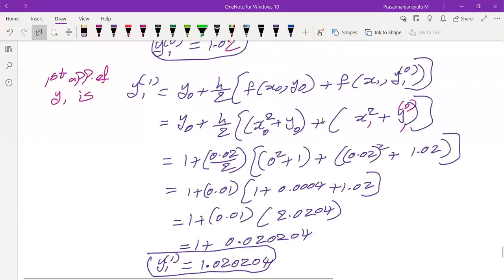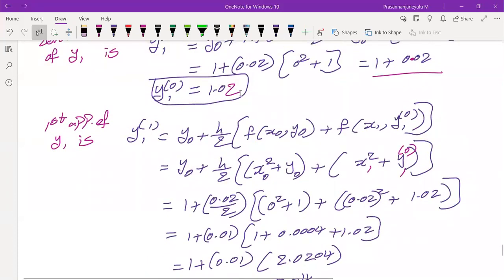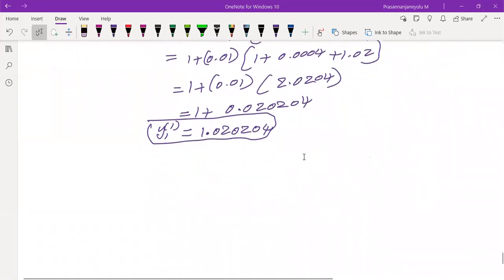After finding this first approximation of y1, if you observe, the 0th approximation of y1 is 1.02, but the first approximation of y1 is 1.020204. Nothing but the fourth decimal is only changing. There it is 0, here it is 2. So you can stop here if you want, or you can go for one more approximation. Better to go for a second approximation also.